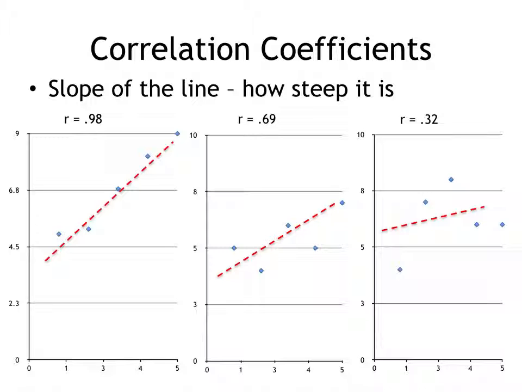The score, the blue dot that represents 1 on the x-axis, and is that a 5 on the y-axis, that score is not going to change. That is the score. It's not the score that changes.